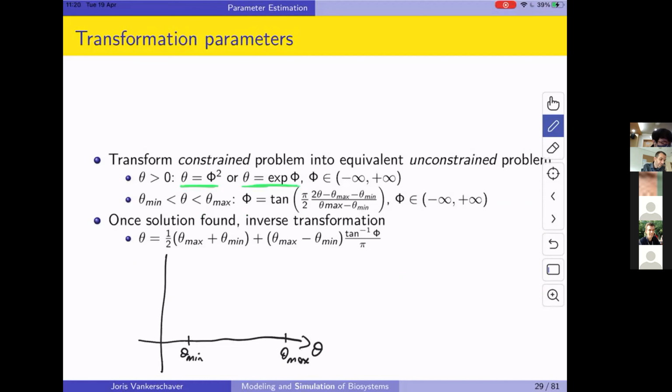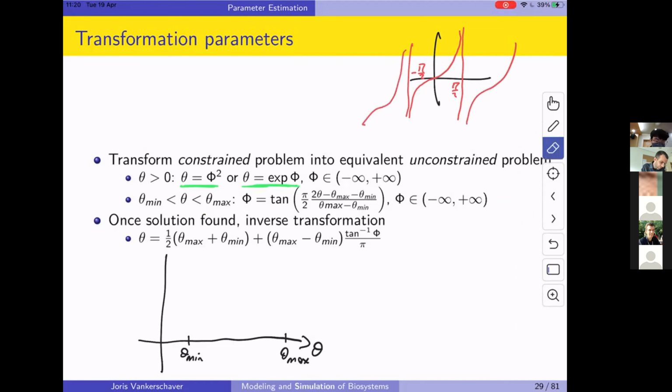You can use the fact that, if you remember your tan function, your tangent function basically looks like this. It has vertical asymptotes at pi over 2 and minus pi over 2, and then like this and like that. So this is my tangent function.